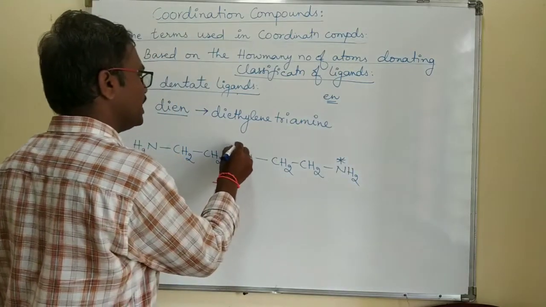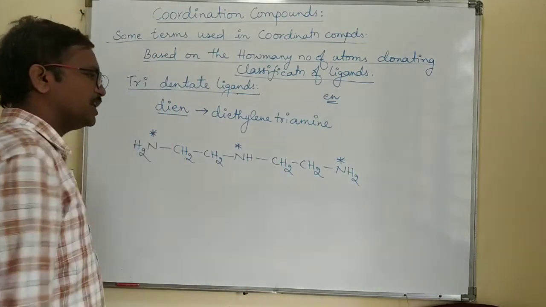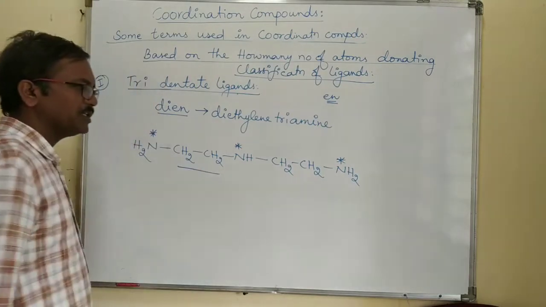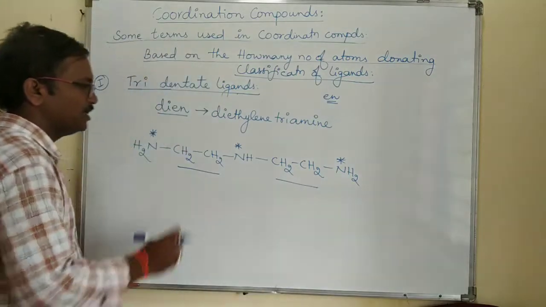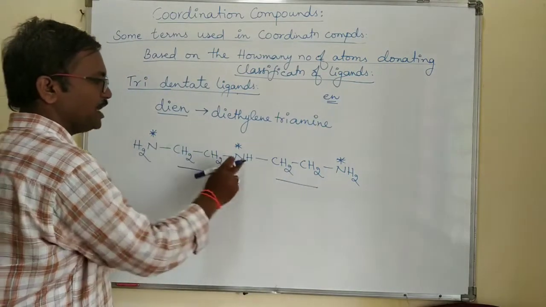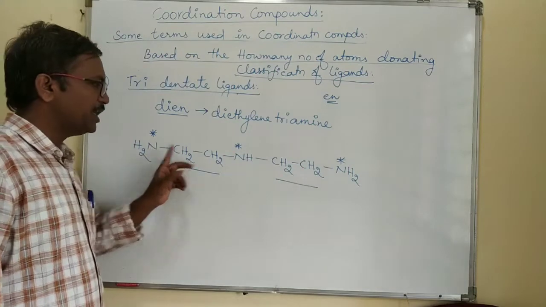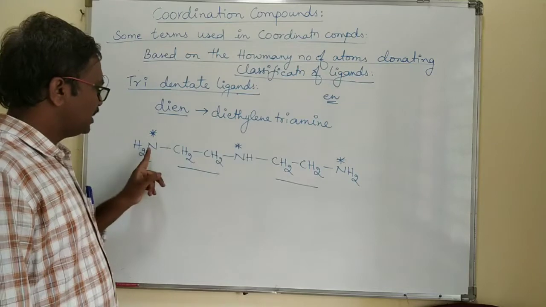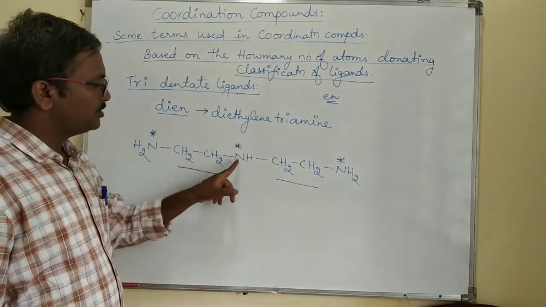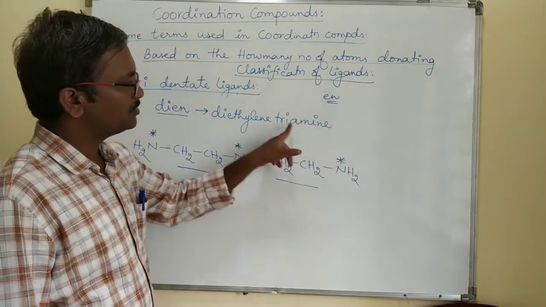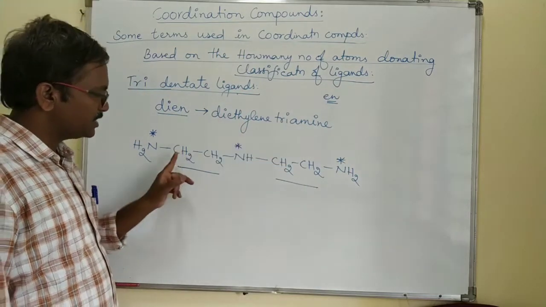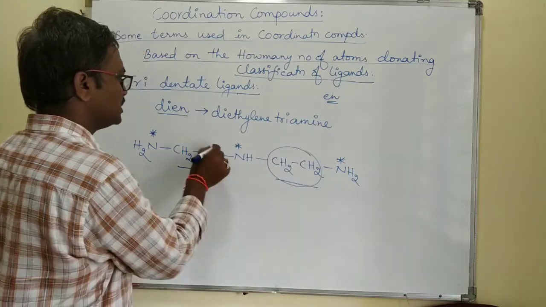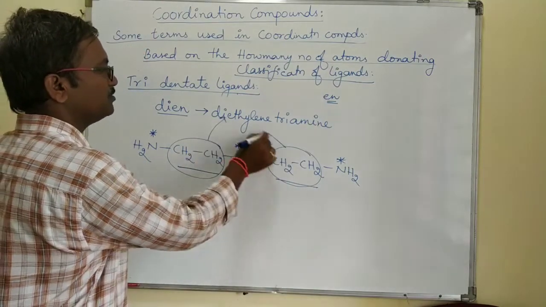So how many atoms are donating? Three atoms are donating. You need not worry, it is just one more ethylene. So this is one more ethylene, diethylene triamine. How many nitrogens? 1, 2, 3, three nitrogens. That's why tri. NH2 you can call amine, so triamine. Both are ethylene, right?